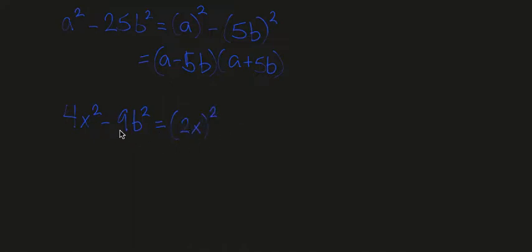And then we're going to square it, minus the term that multiplies by itself to get 9b squared, which is 3b. 4x squared minus 9b squared is going to factor out into 2x minus 3b times 2x plus 3b.